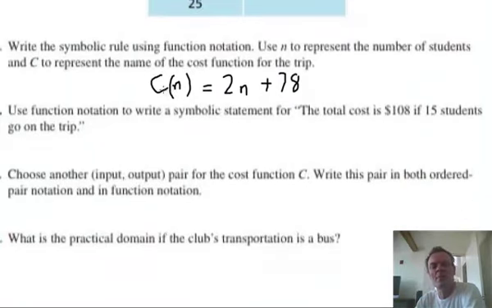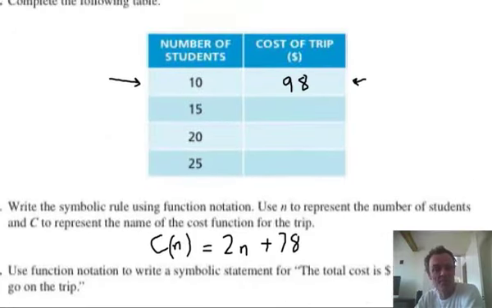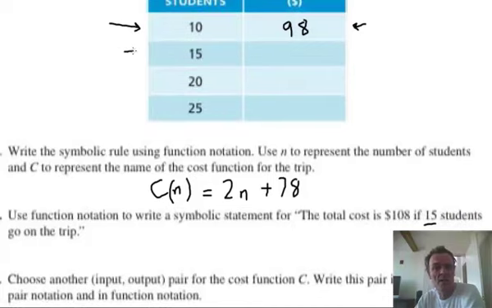Now just think about this. This is not a multiplication thing. It's next to the parenthesis. This is just c of n. It's a function notation. You can still think of it as y equals this. What's the answer when n equals 15, for instance? If it is 15 students, what's going to be the resulting cost?